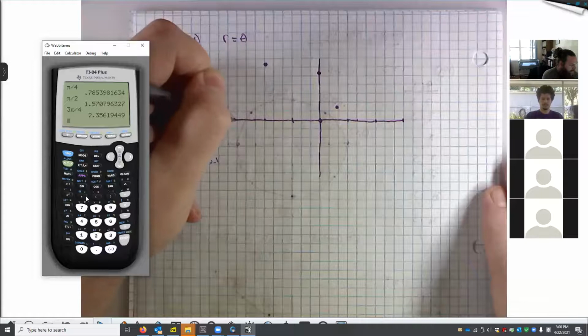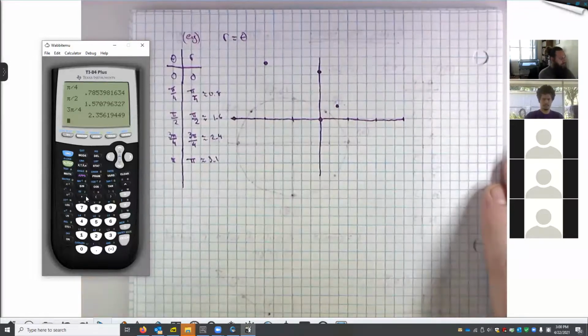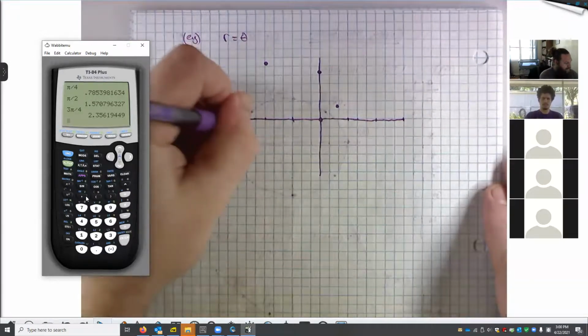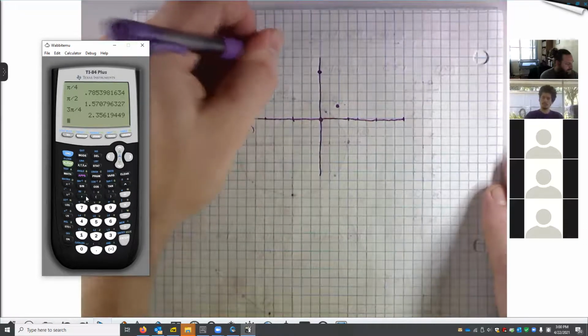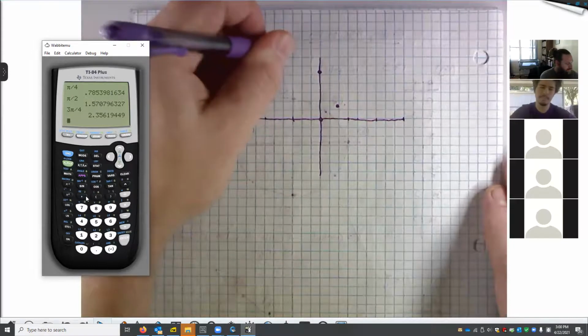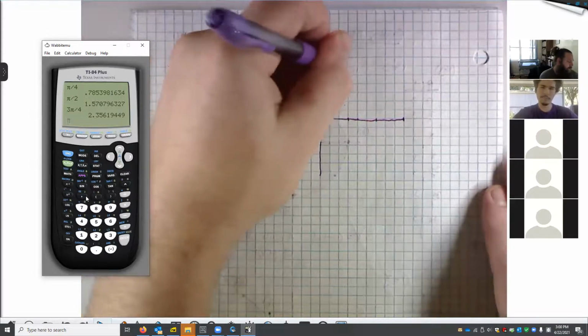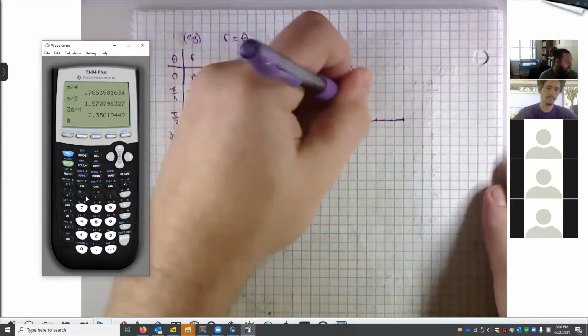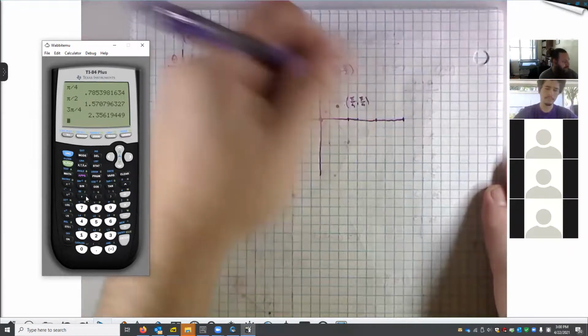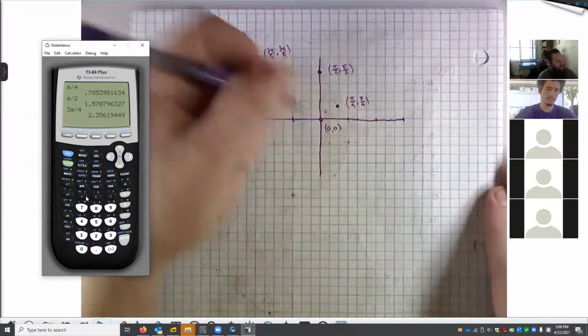Pi comma pi would be right here. So this was the polar point pi comma pi. This was the polar point 3 pi over 4 comma 3 pi over 4. This is the polar point pi over 2 comma pi over 2. This is the polar point pi over 4 comma pi over 4. And of course, this is the polar point 0 comma 0.